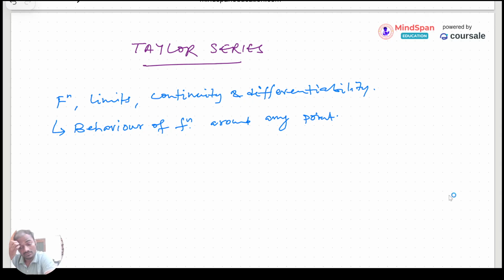Okay, so let's start. Till now, what we have studied, why did we study function, limits, continuity, and differentiability? Why did we study all these topics? Because they give us information about the behavior of the function around any point.